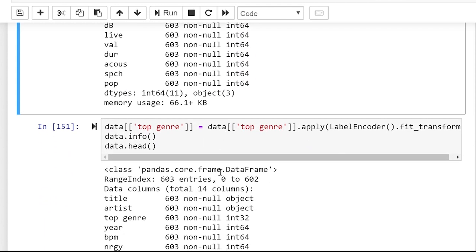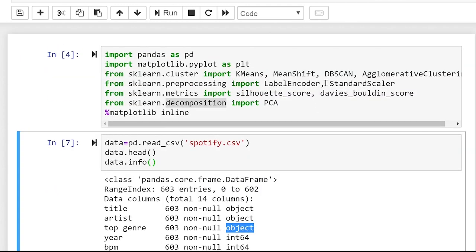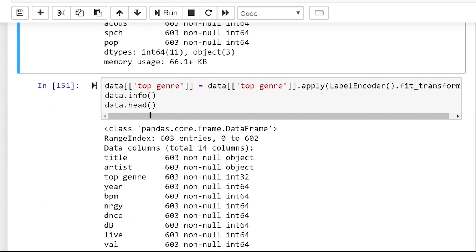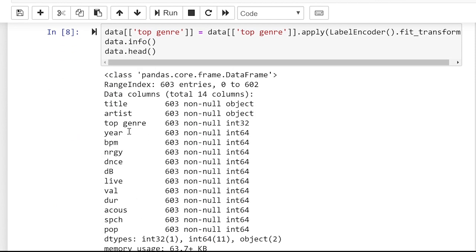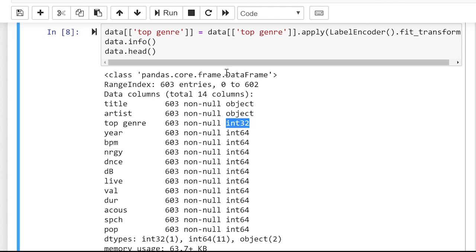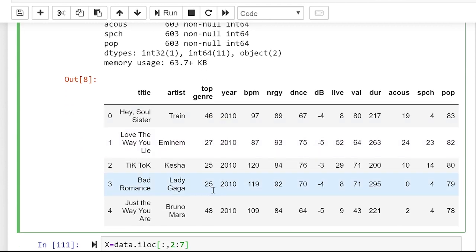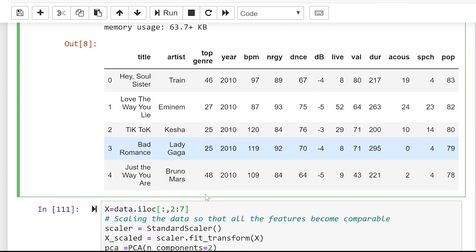For this, I'm applying label encoder. Label encoder came with the scalar preprocessing. So when I apply that, now top genre is an integer number, and let's see what happened. For each different genre, it gave me an integer number.